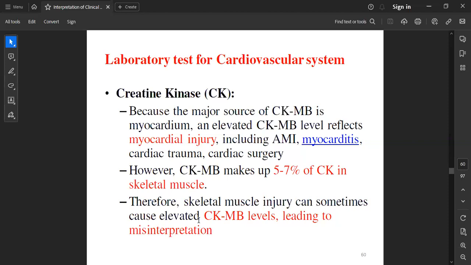It makes up 5-7% of creatine kinase in skeletal muscle, so it can interfere with your values. This is just an indicator that it is not a very selective result.